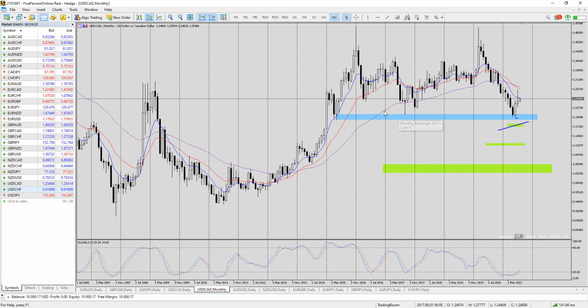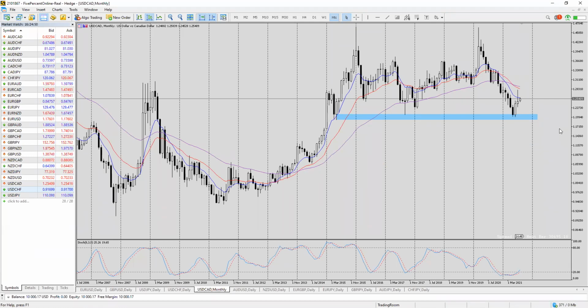It hasn't tested this zone until a couple of months ago, and now it tested it with this bullish engulfing candle. So this bullish engulfing candle is where it gives us some confirmation for the demand zone. And yeah, this is actually the confirming price action for the zone.